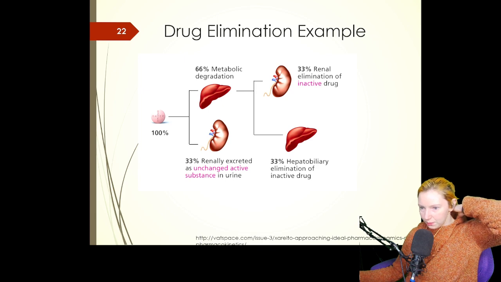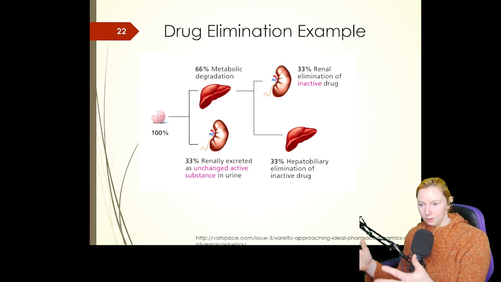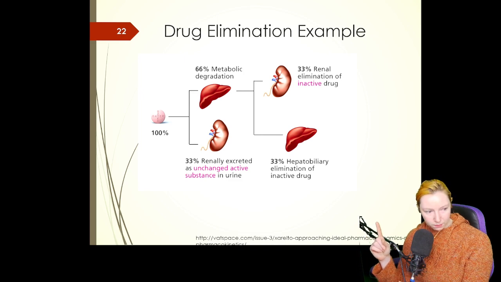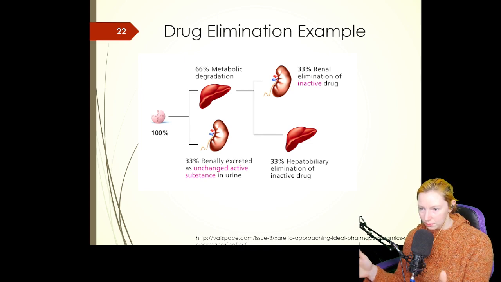So a nice example here of a drug that is being eliminated, right? So we have 100% of the drug given. There's metabolic degradation through the liver. The kidney also clears things out. So 33% is unchanged and excreted as urine.